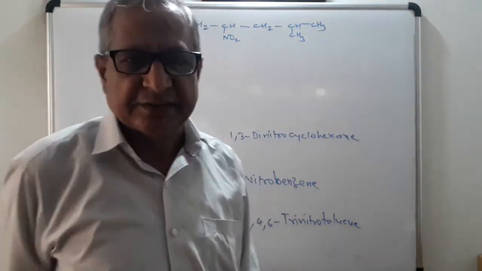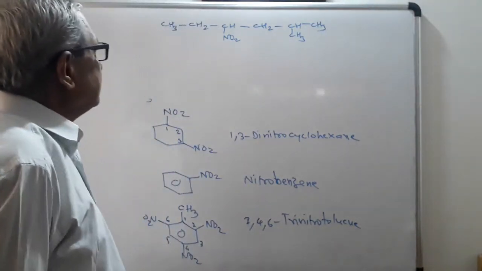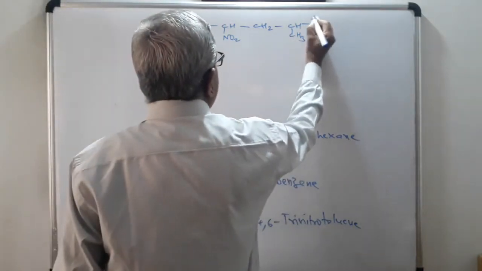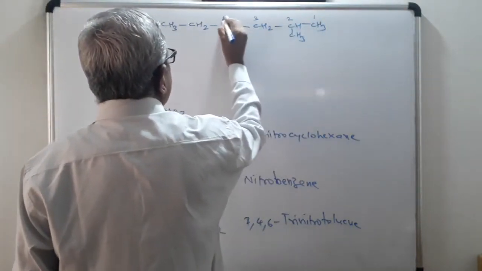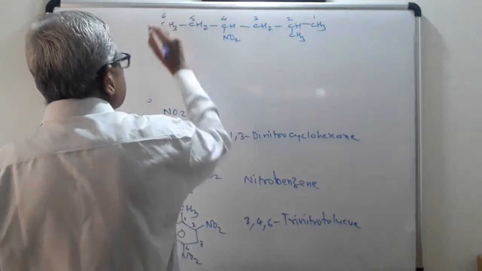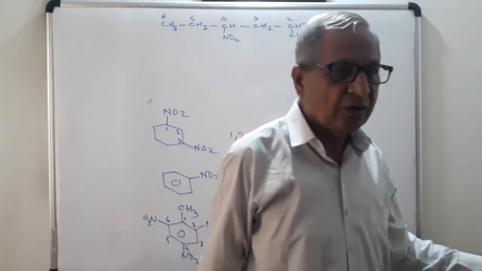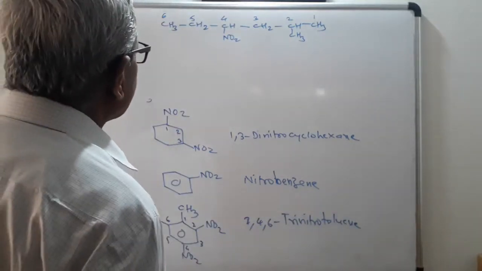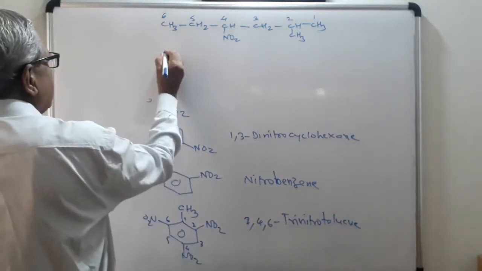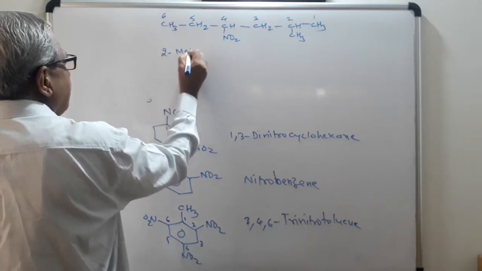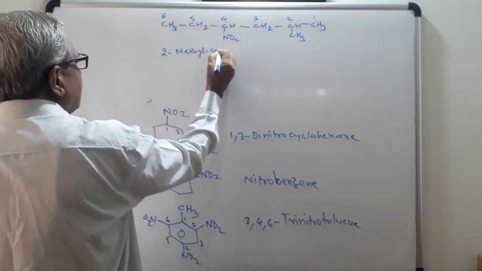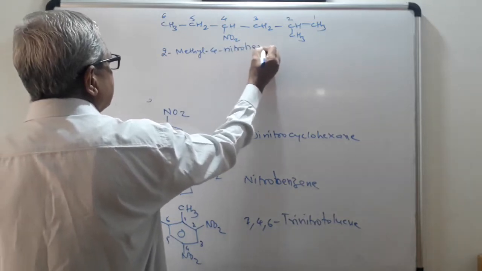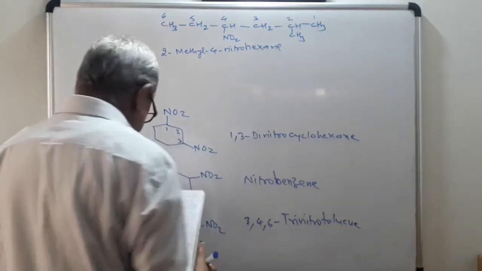Therefore, the parent alkane is hexane. Now the numbering must be from the right hand side because 2 is smaller. 1, 2, 3, 4, 5, 6. There are 2 substituents on carbon number 2, a methyl group, and on carbon number 4, a nitro group. Therefore, 2 methyl, 4 nitro, hexane. Parent alkane is hexane.